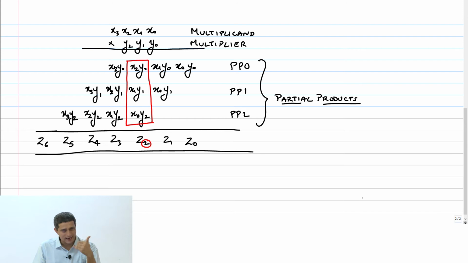So if x is m bits and y is n bits, how many partial products will I have? Yeah, n, right? Basically as many as there are bits in y, as many as there are bits in the multiplier. So you will have n partial products.